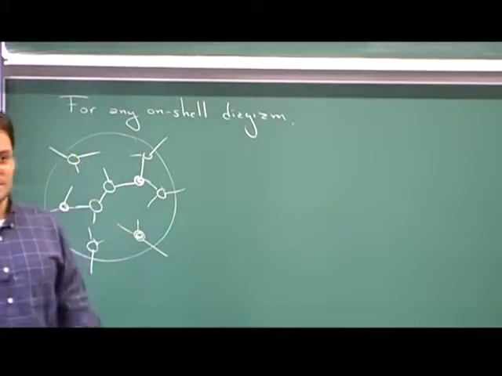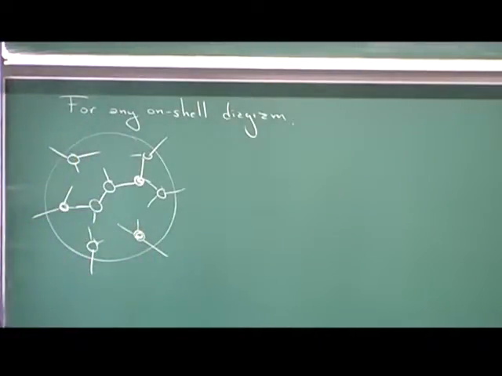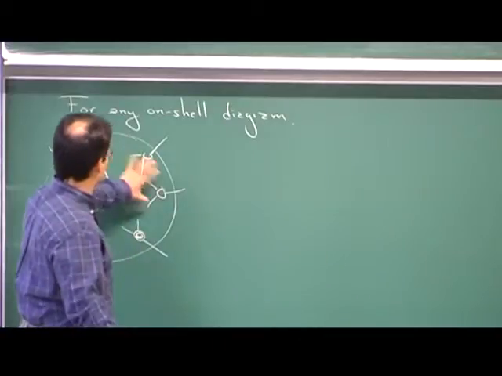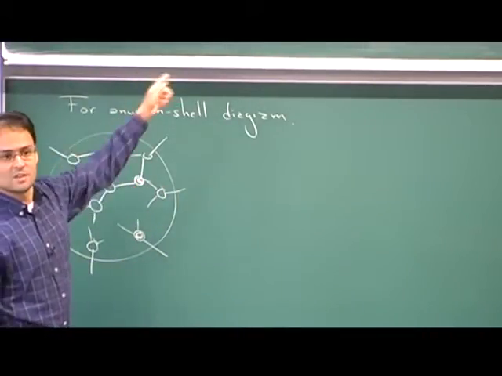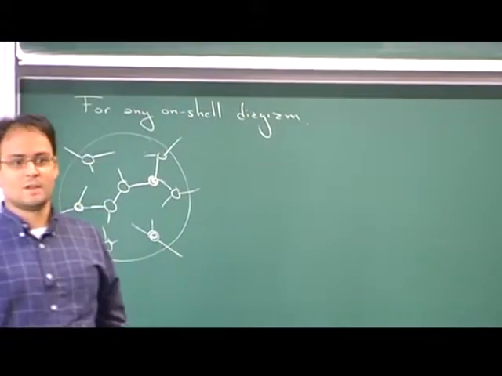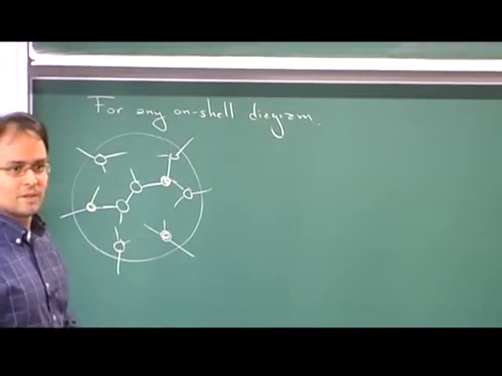So can anyone come up with a rule for finding out how this big animal scales under that rescaling, just by looking at the properties of the graph?